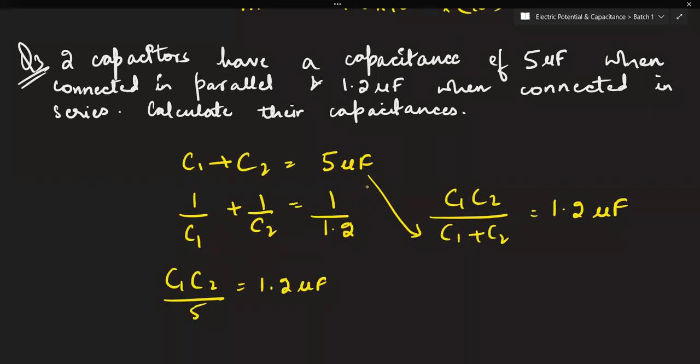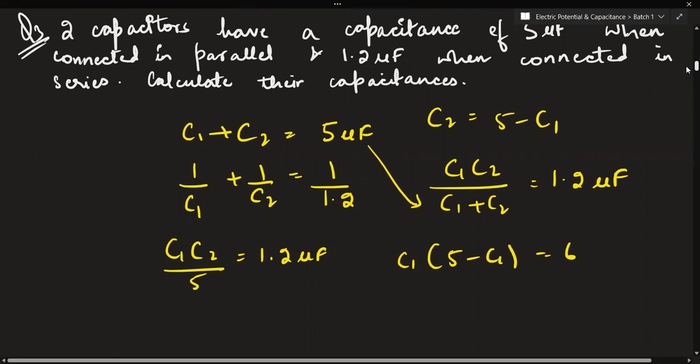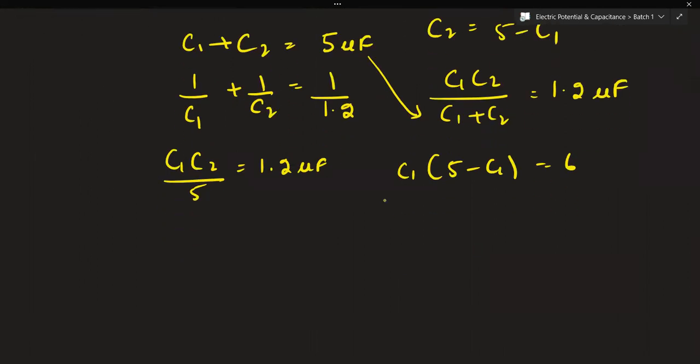Or you can do one thing. Write the value of C2 also. C2 will be 5 minus C1. Put it here. So C1 into 5 minus C1 will be 6. Now using this equation only we can get our final answer. So this will be C1 square minus 5C1 plus 6 equal to 0, because we have brought every term to the other side.